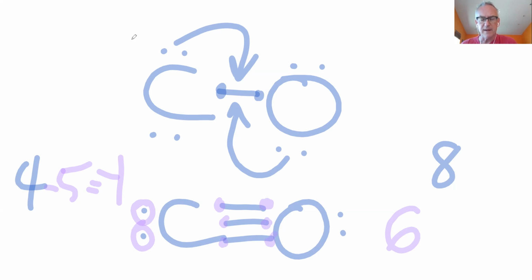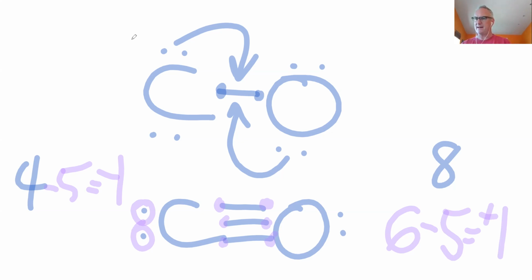Okay, so 5, right? It's identical to the carbon. The structure is identical. It has 3 bonds and a lone pair. So the lone pair gives you 2, and the 3 bonds give you 1, 2, 3 more. So oxygen has a charge of +1.